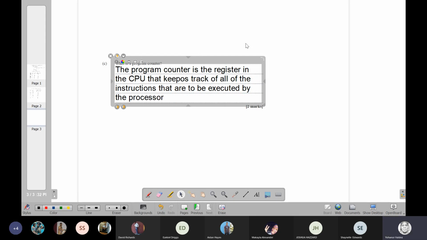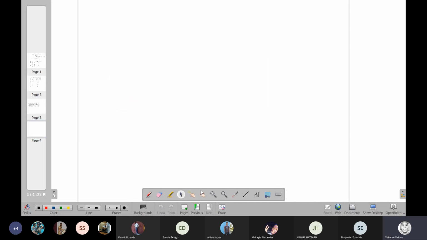All right, so that's the specific name of the program counter, the register that keeps track of all of the instructions inside of a computer system. All right, we're moving on.